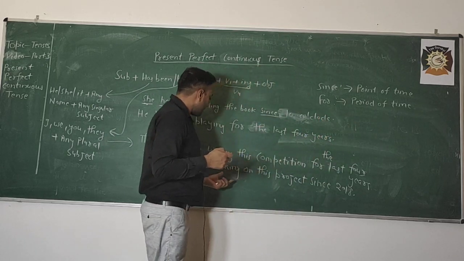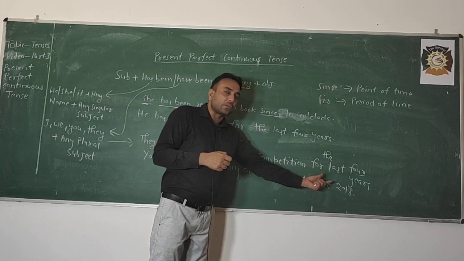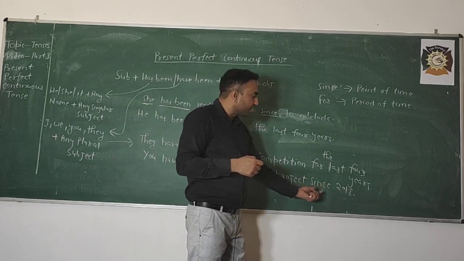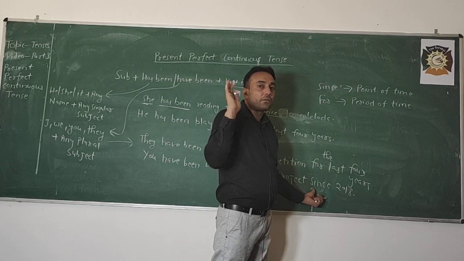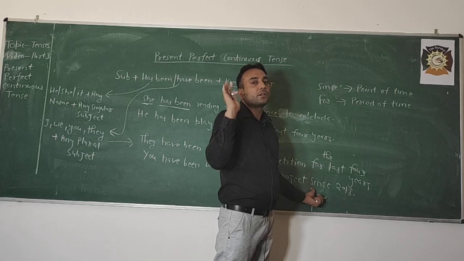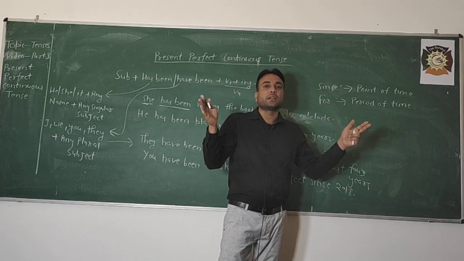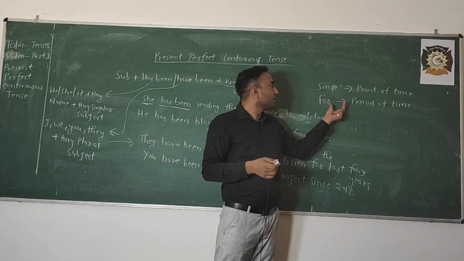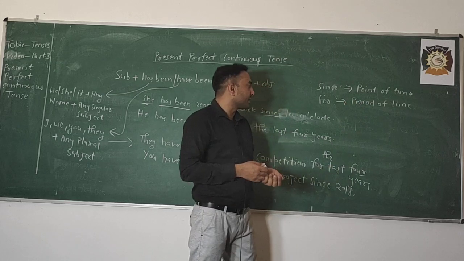Like, you have been working on this project since 2018. Instead of writing since 2018, if I write for the last 5 years, that is a period of time, जब बहुत लंबा time period given होता है, then we will use for. Get it or not? So this is the concept of since and for.